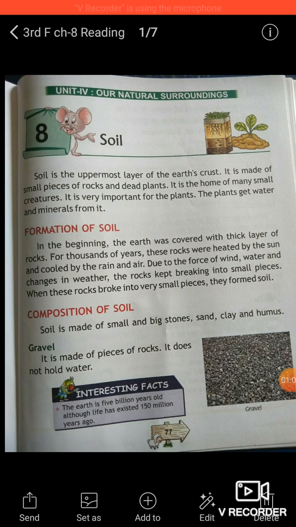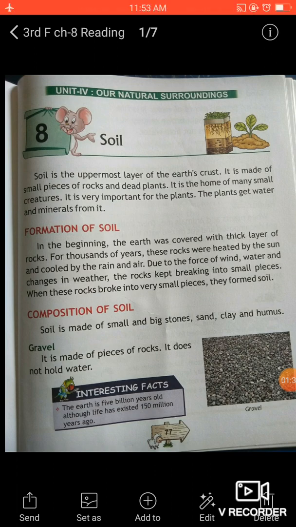So, look at the formation of soil. How does soil form? In the beginning, the earth was covered with a thick layer of rocks. For thousands of years, these rocks were heated by sun and cooled by rain and air.